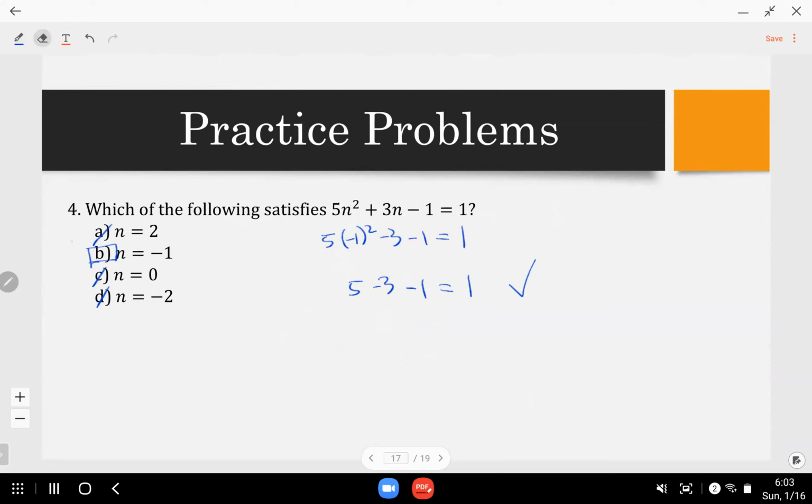All right, and of course, let me make a note here actually. A and D eliminated because the exponent is too big. All right, so make sure when you're looking at these, you can eliminate them, but I want you to show your work for each part of the questions.